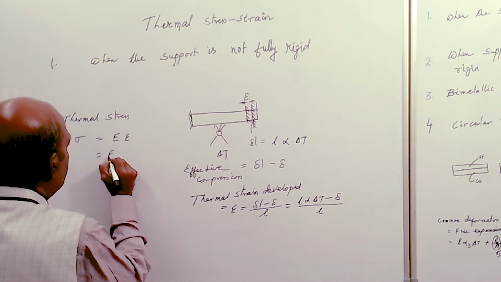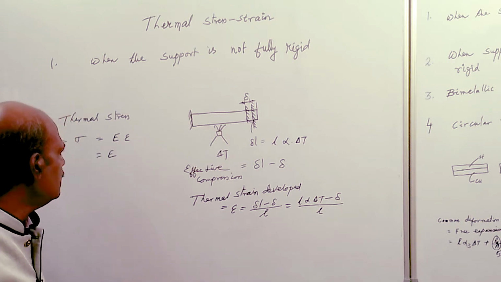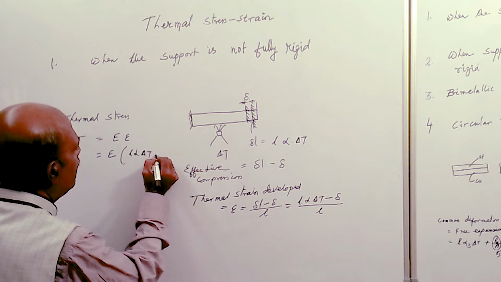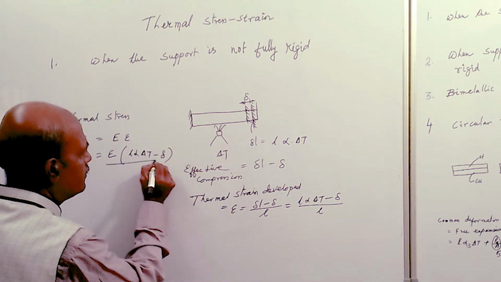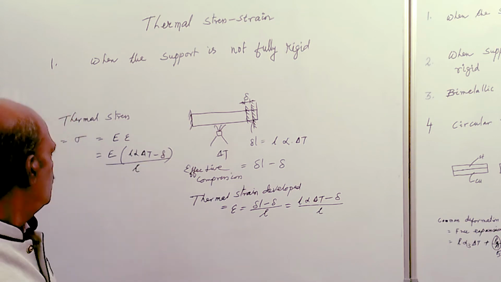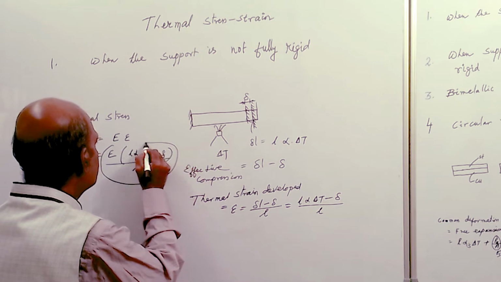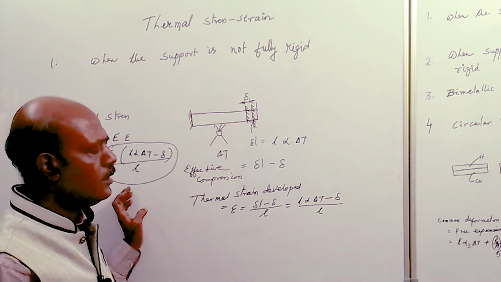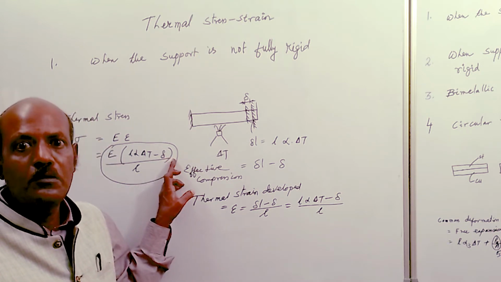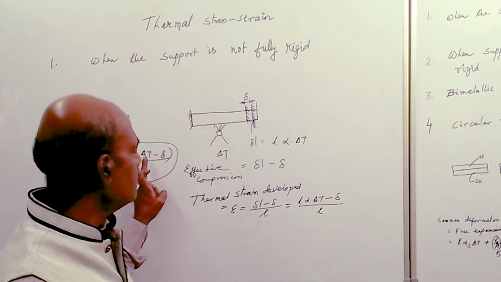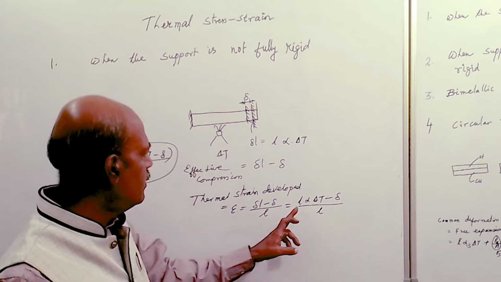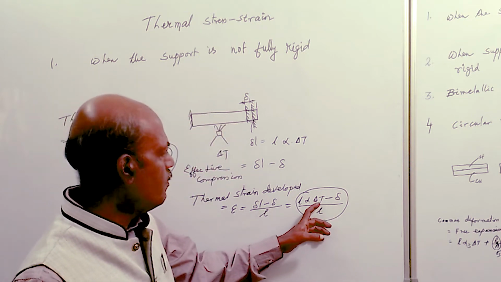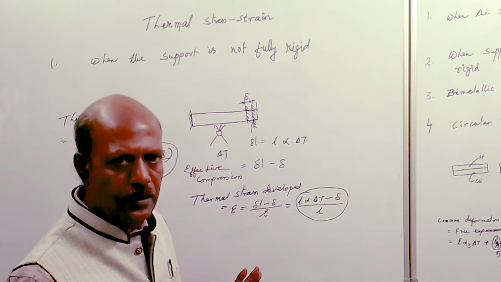E is a constant known as Young's modulus of elasticity, and epsilon is given by L into alpha into delta T minus delta, divided by L. So this is the thermal stress developed in the bar when the support is not fully rigid, or in other words the support is shifted by delta amount when the temperature is raised by delta T, and this is the thermal strain developed in the member, that is L alpha delta T minus delta by L.